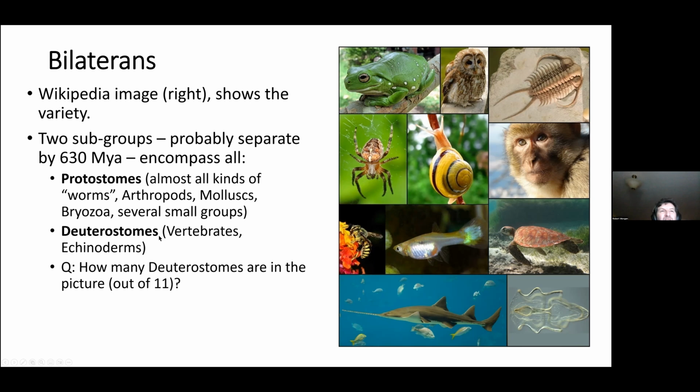deuterostomes. It's a trick question in a way, because I didn't put any echinoderms in the picture. They're all actually 6 vertebrates. The other 5 are in the group called protostomes, which are the worm-like things. This is a flatworm. We've got arthropods, which includes insects and spiders.